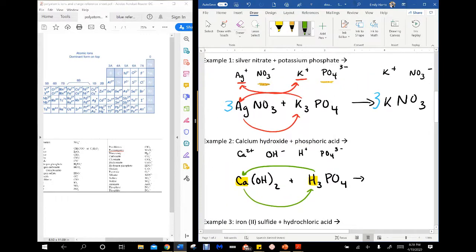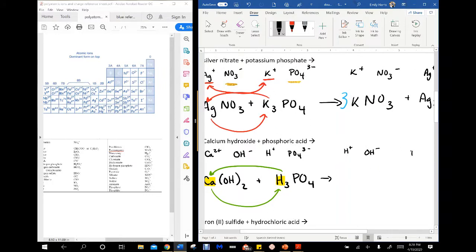So now what remains behind from that first compound is OH is still in the same place, but now it's going to be paired with H. From the second compound, the PO4 3- is still in place, but now it's going to be paired with calcium 2+. Now what's neat is here for the H and OH, we see that we just need one of each.